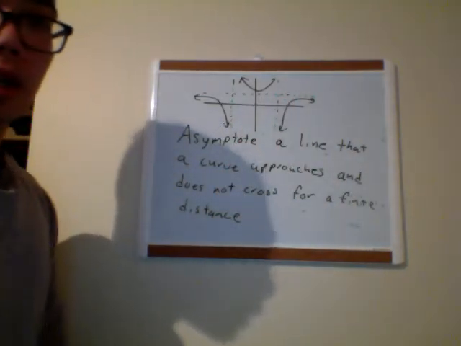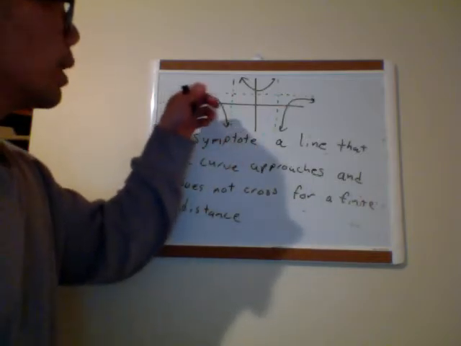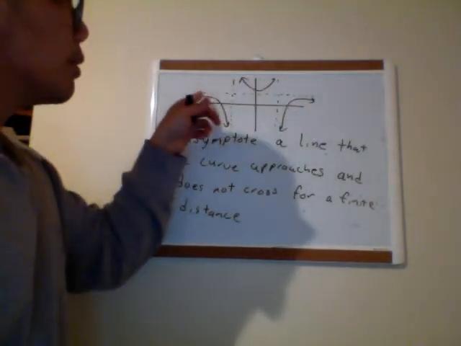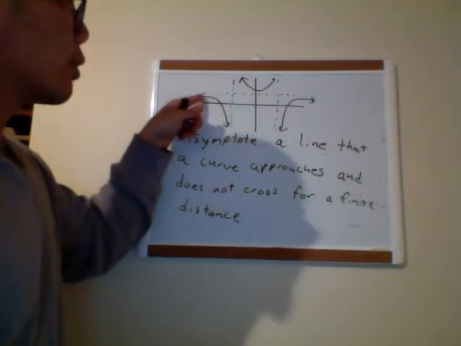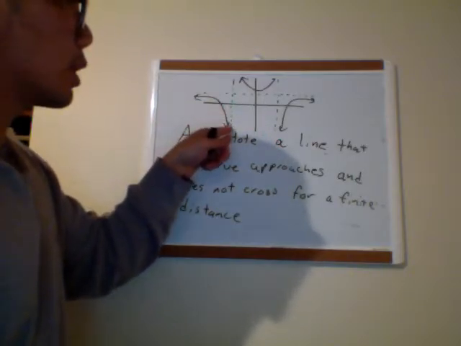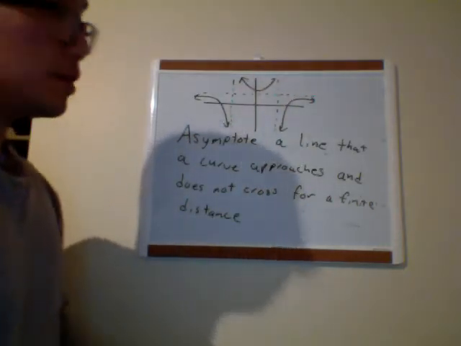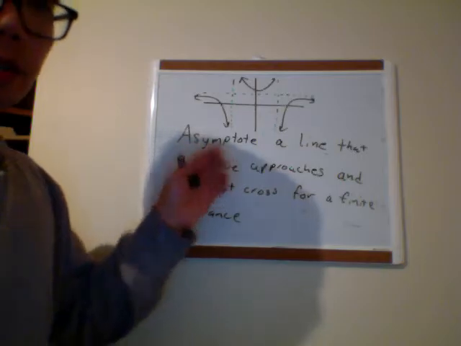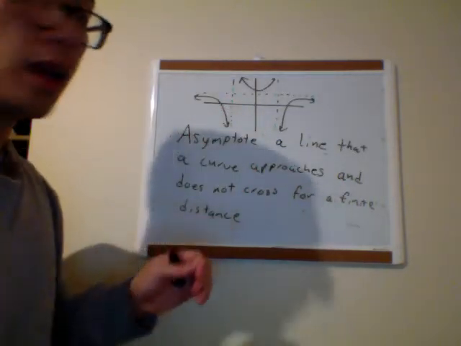Okay. These are asymptotes. Those little dashed lines that I just drew in, they're values where the curve will never touch. The curve will never touch this line, the curve will never touch that line, and so forth. We're going to concern ourselves mainly today with vertical asymptotes and horizontal asymptotes and how to find them.